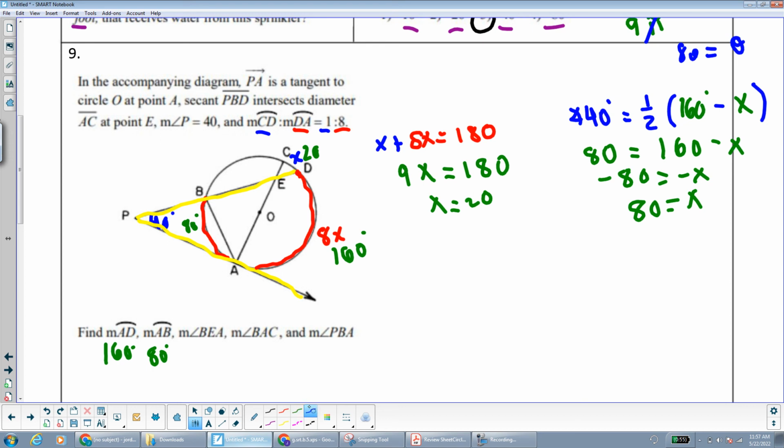Next up is the measurement of angle BEA. So in order to figure out the measurement of angle BEA, I'm just going to erase all my highlighting from before because once again, I don't want it to get confusing with the new thing that we're solving for now.